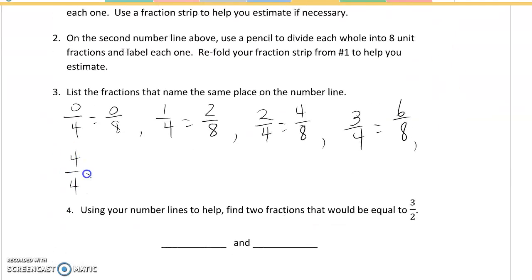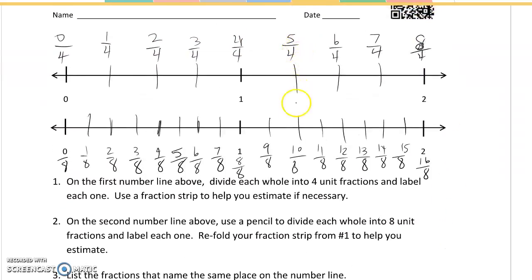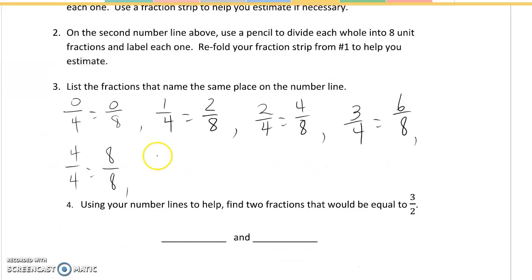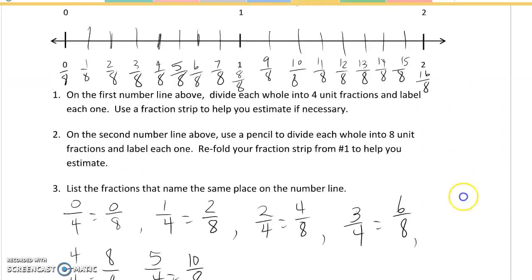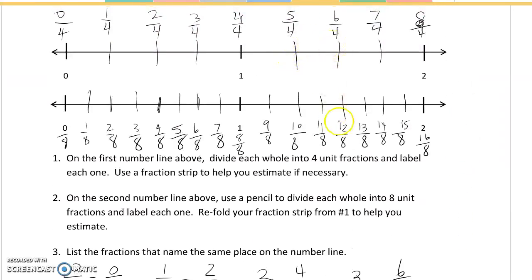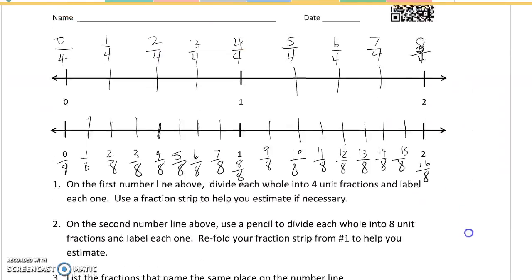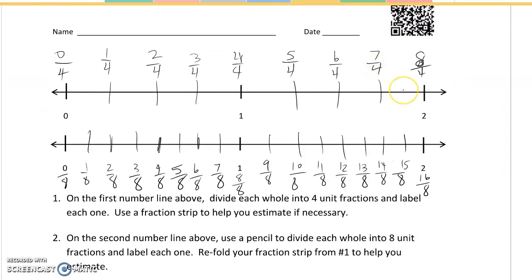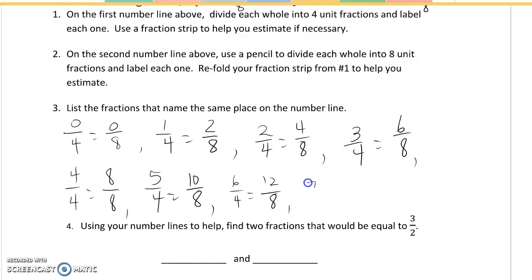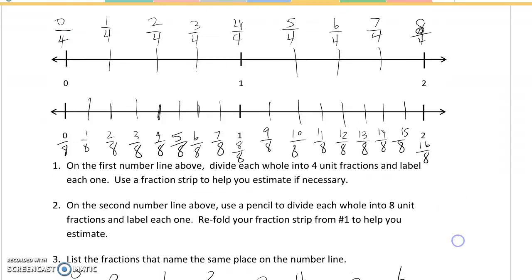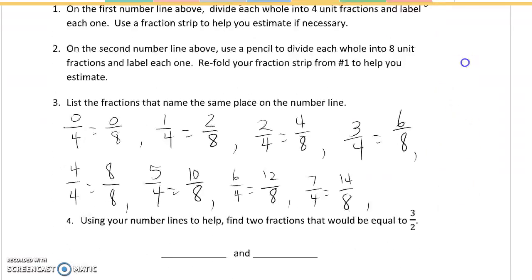They match up exactly. 5/4 lines up with 10/8, comma. Go to 6/4, that's the same as 12/8, comma. 7/4 is 14/8, comma. We have one last one, 8/4 equals 16/8.